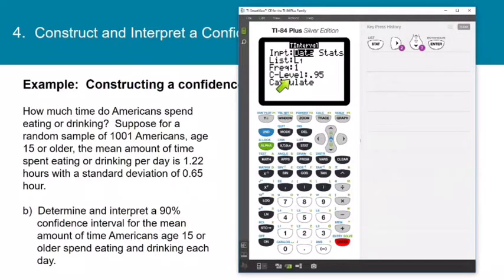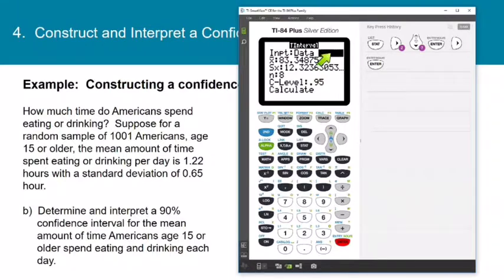And this is the same screen whether you have the new operating system or the old operating system. The calculator is going to give you a choice between using data and statistics. If you choose data, it will pull from whatever you have stored in list 1 for X bar and S. But if you choose statistics, it will let you enter your own X bar and S. And of course here we do not have the raw data, so I'm going to use the right arrow key to arrow over to Stats, and then I'm going to press enter.